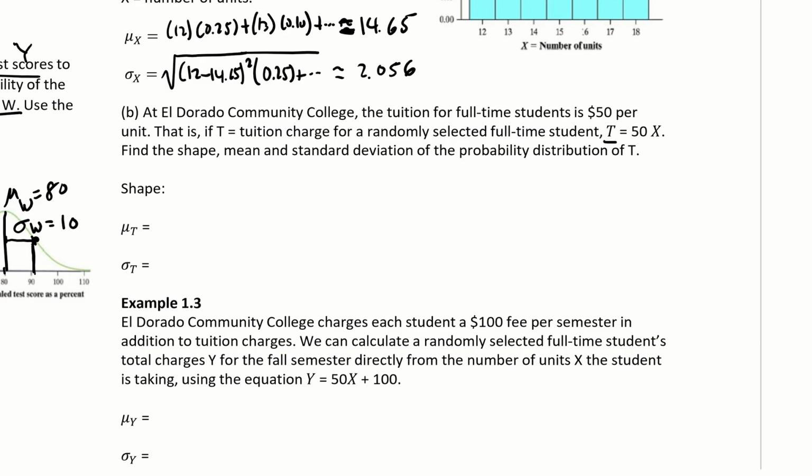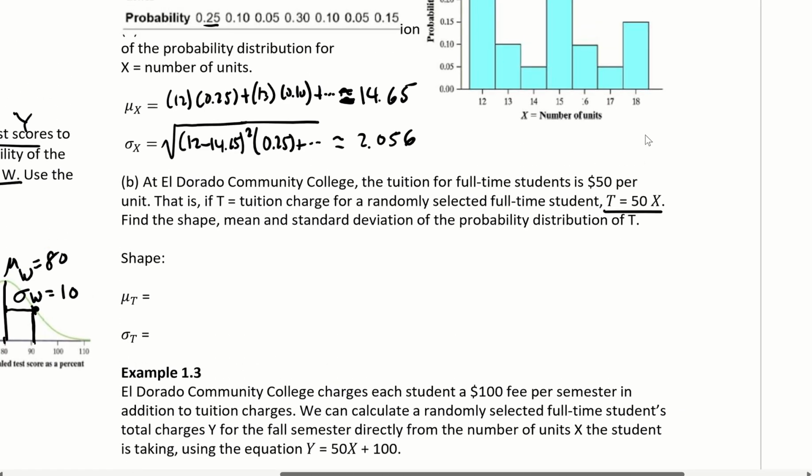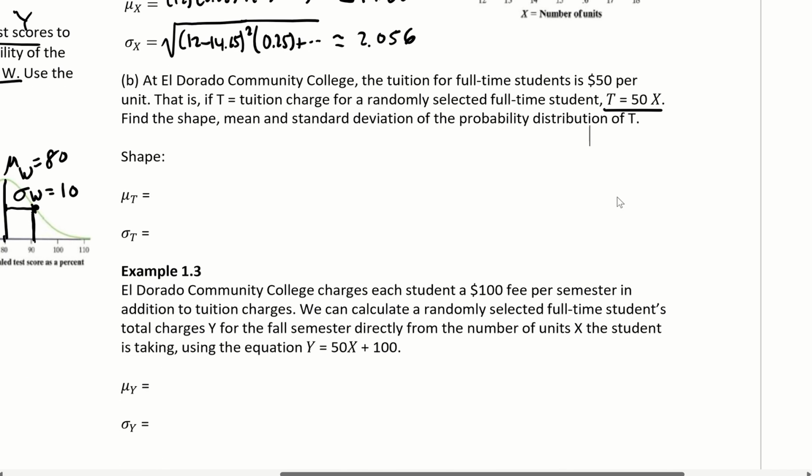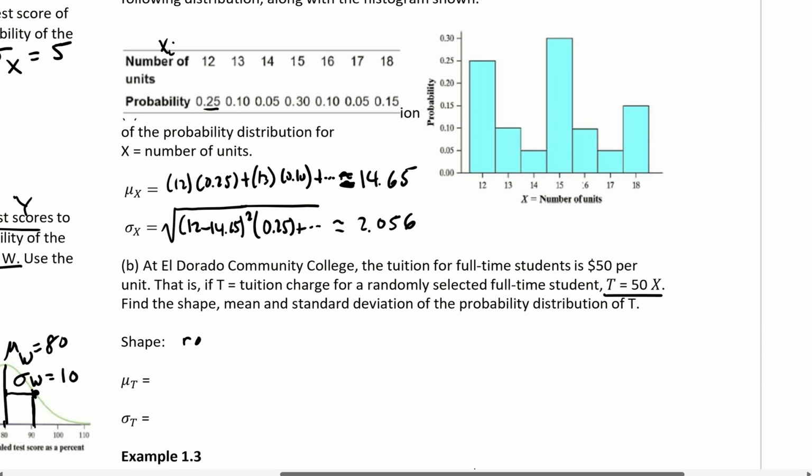Okay, so we have our new random variable. It is multiplication. Does multiplication affect the shape? No, right? Neither addition, subtraction, multiplication, nor division affects the shape. So the shape is going to be, well, what's the shape of this?